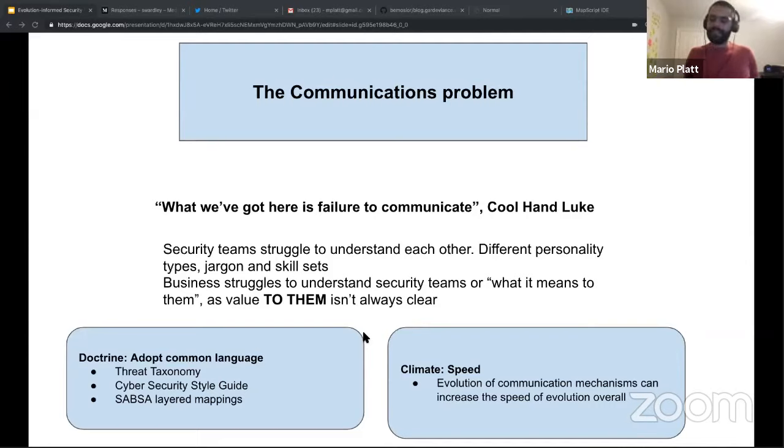This is at a macro level, but I think it's also relevant within organizations, because the more opportunity we have to enable that communication with the rest of our organization and achieve alignment so that we're all working towards the same ends, the easier it will be for the business to adopt some of the tactics and measures that we are suggesting, and also to make sure the plans are aligned with each other so that we can all move faster.